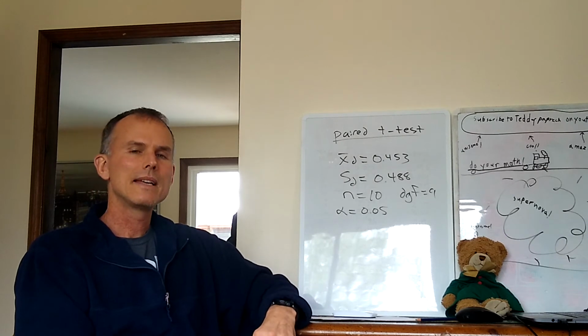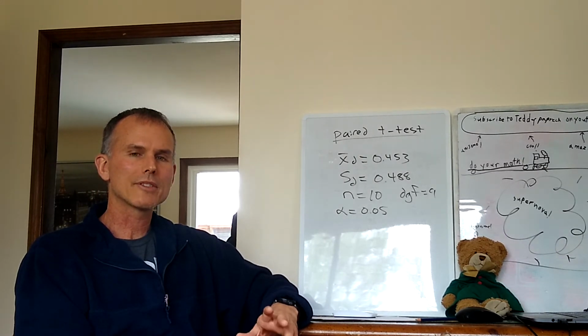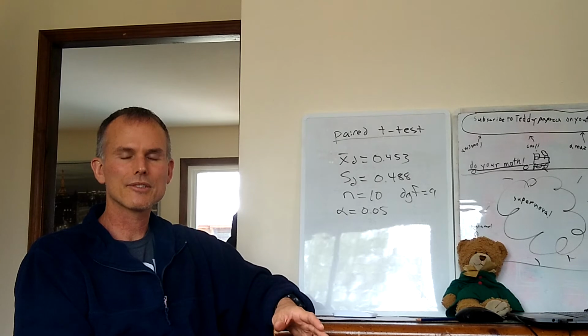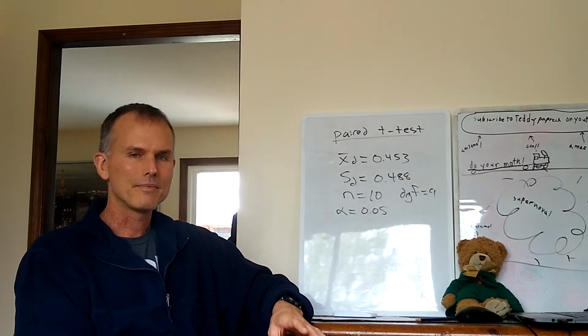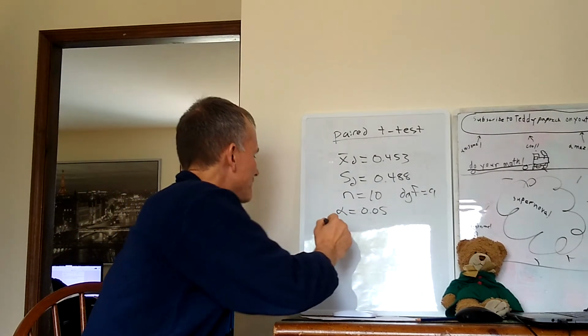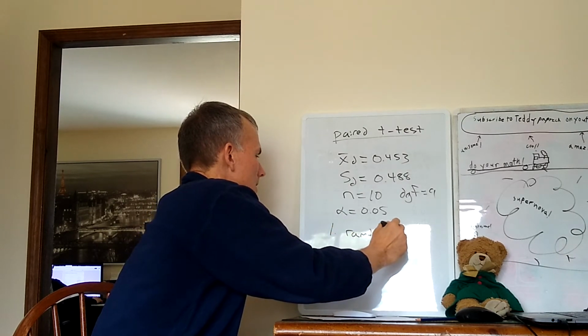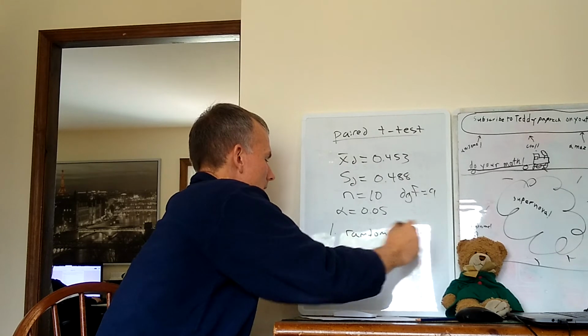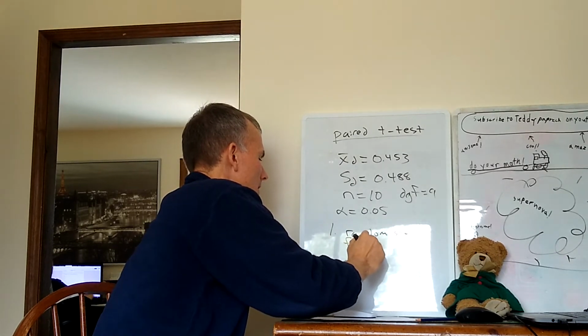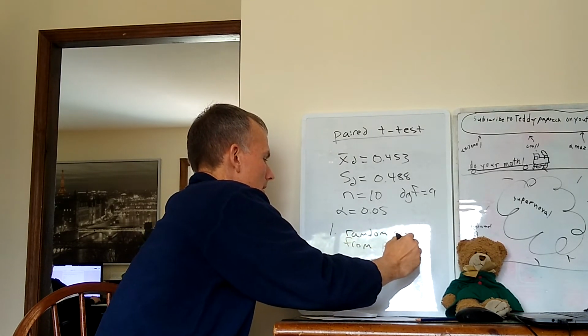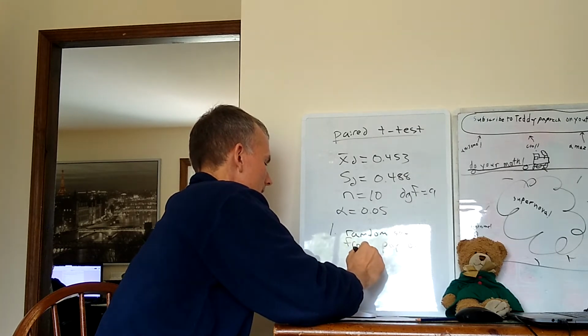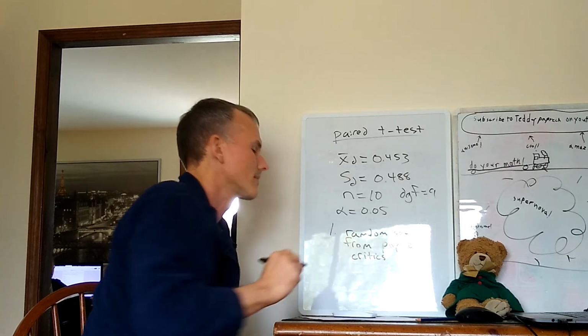Now we come to the part where we have to check the assumptions or check the conditions. The first condition is that this has to be a random sample from the population of all critics in the United States.